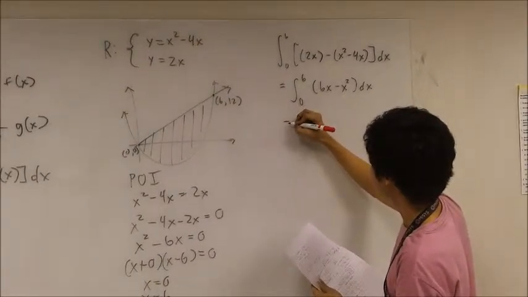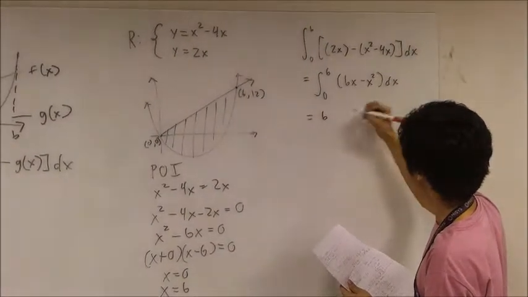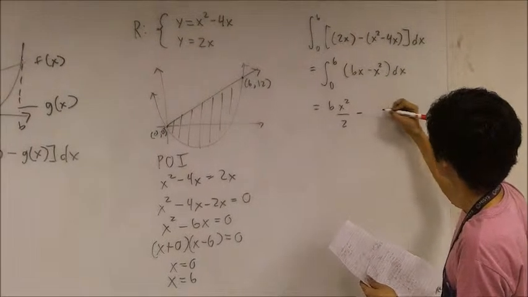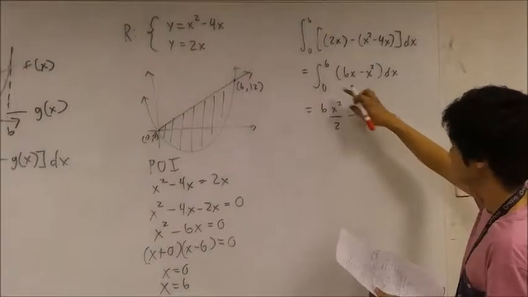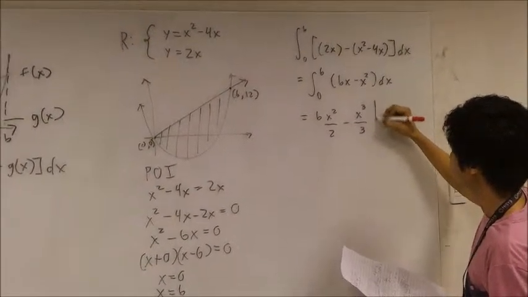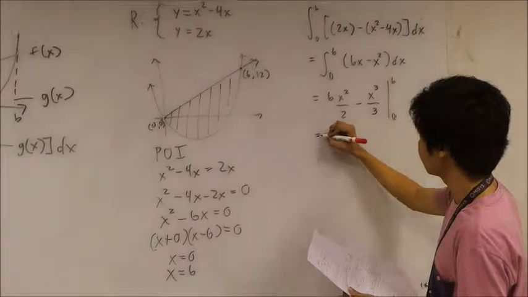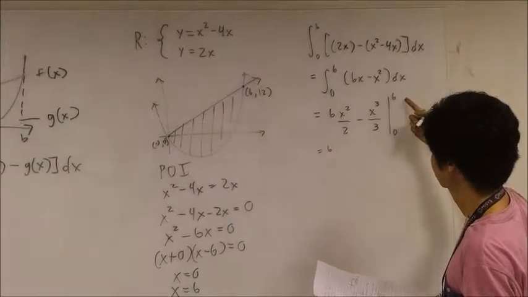So now we can apply the integral, and we can write it as 6 times x squared over 2 minus x cubed over 3. And since it's a definite integral, we have to evaluate it from 0 to 6. And to evaluate it, first, of course, we plug in the first value, which is 6.